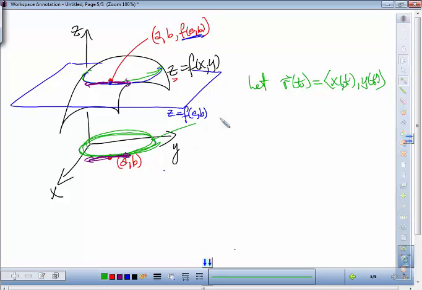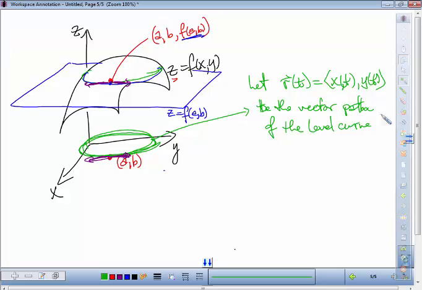So let r of t be the vector valued function, I'll just say vector path, of the level curve. So we know, what do we know? We know something.